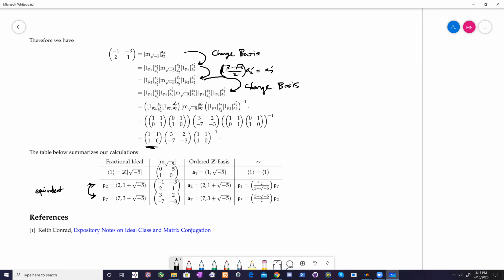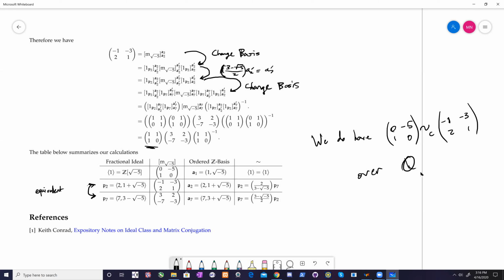But let me just mention real quick that we do have 0, -5, 1, 0 conjugate to this guy, 2, -3, over Q. So we can conjugate 0, -5, 1, 0 to -1, -3, 2, 1.